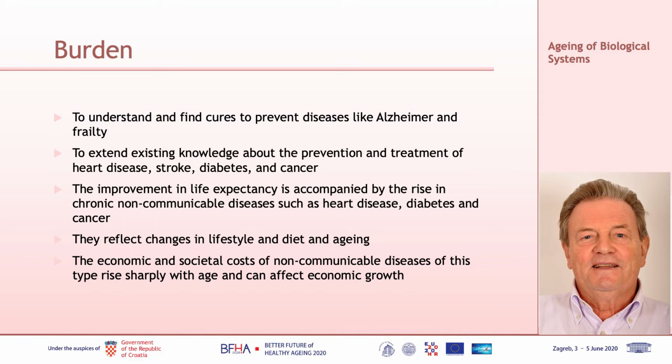The improvement of life expectancy, however, is accompanied by the rise in chronic non-communicable diseases such as heart disease, diabetes, and cancer. And they reflect changes in lifestyle and diet and aging. The economic and societal costs of non-communicable diseases of this type rise sharply with age, and they can affect economic growth. Next slide.